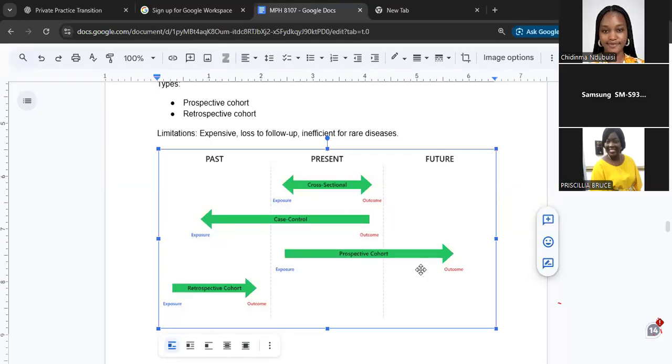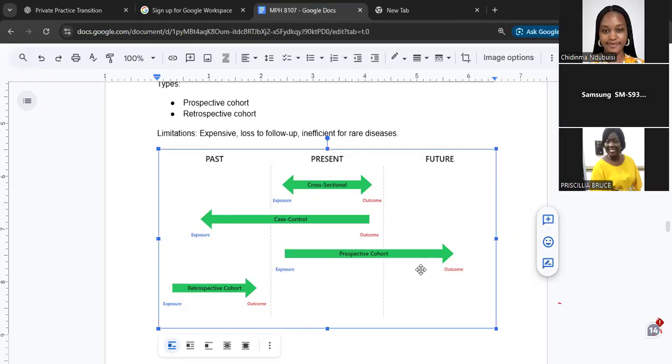Let me just use this rough example. People who are already dead. We take their case file to start checking, and we see that, okay, they were exposed to this, they had this exposure. We now follow it and say, okay, all through their lives, let's see if they eventually developed this outcome.